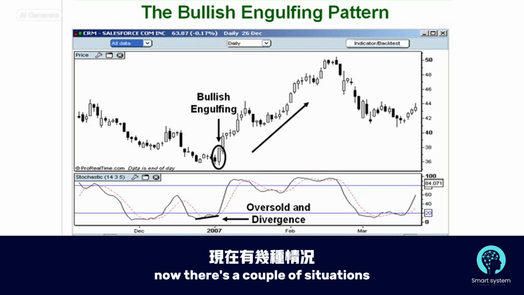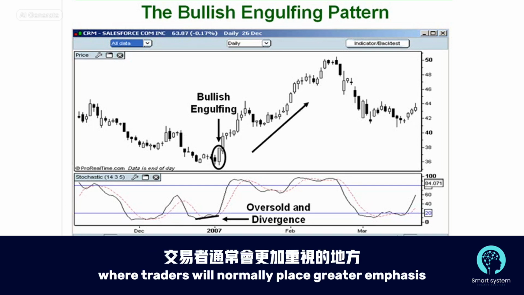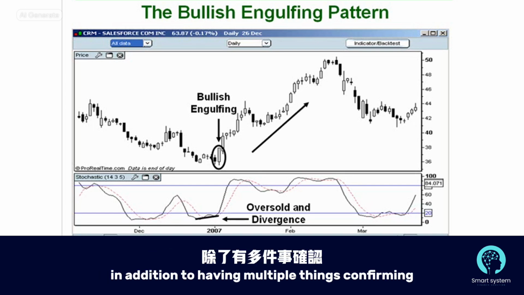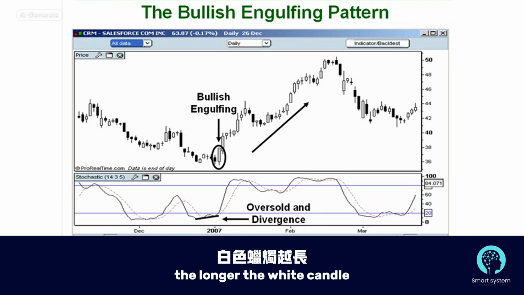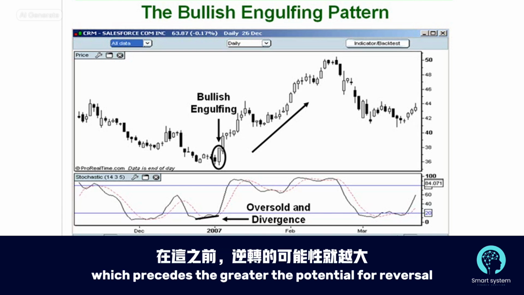Now there are a couple of situations where traders will normally place greater emphasis, in addition to having multiple things confirming. First, the longer the white candle and the smaller the black candle which precedes it, the greater the potential for reversal.